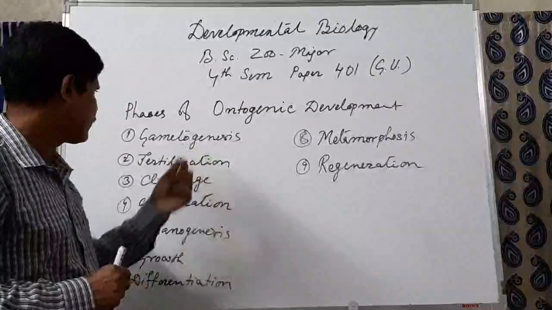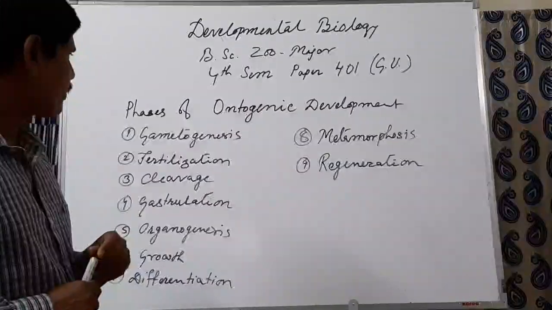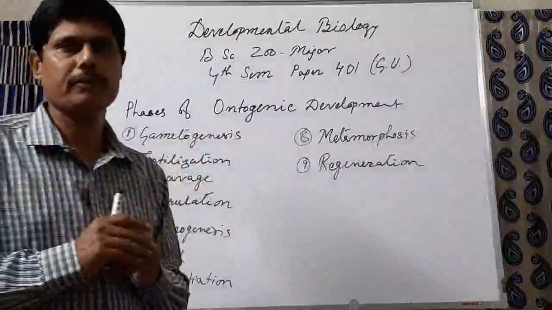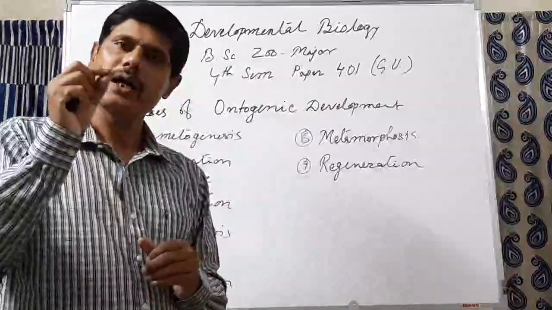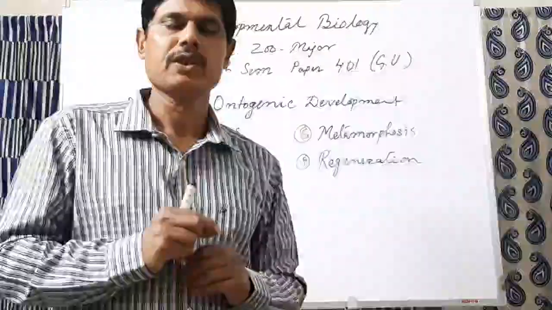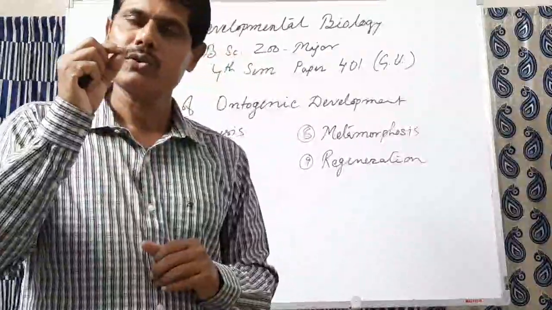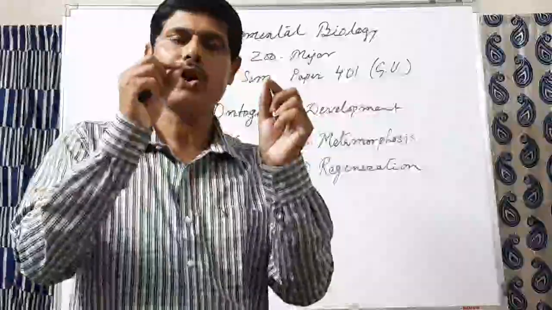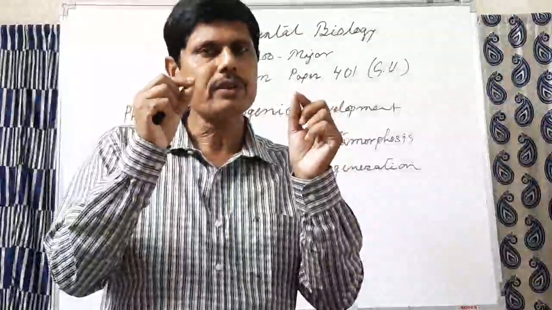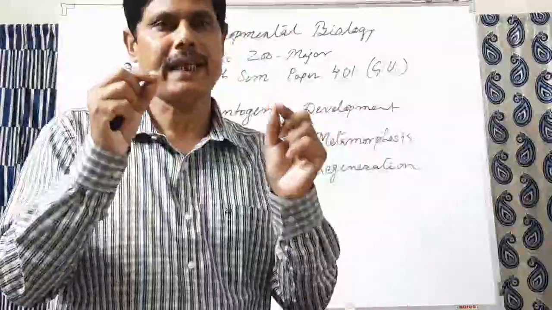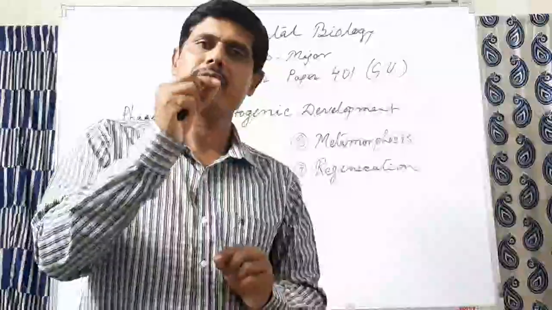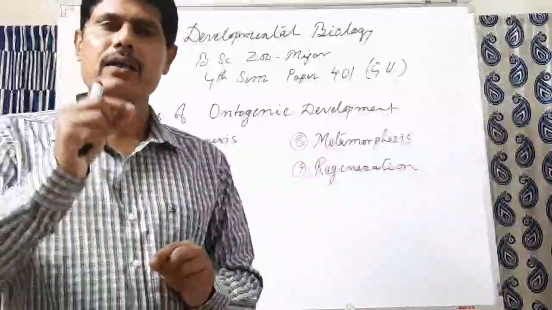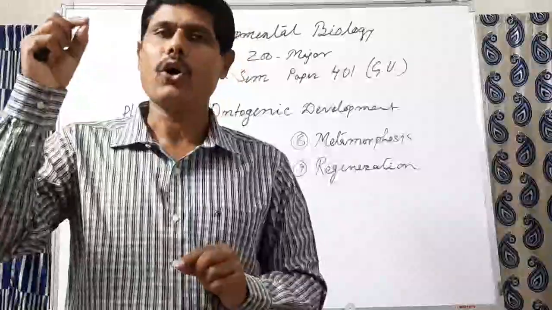The first phase is gametogenesis. Gametogenesis is the first phase because in sexual reproduction, to form the early life, which is called zygote, this zygote is formed as a result of the fusion of two opposite gametes or reproductive sex cells. These are the male sex cell or spermatozoon and the female sex cell, egg or ovum.